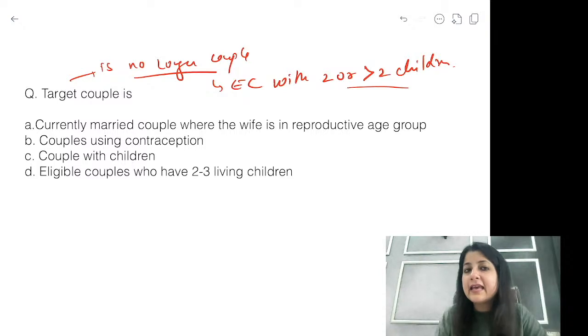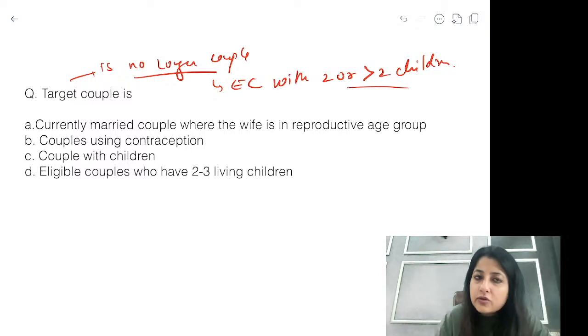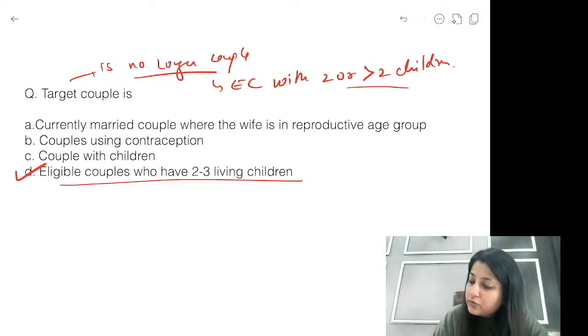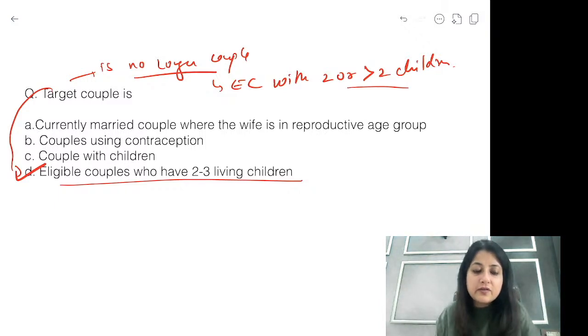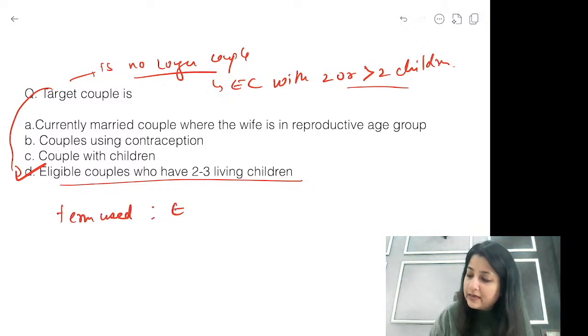But now we say that anybody who's newly married is also needing a family planning method. Eligible couples who have 2 to 3 children were target couples. Now the term used is eligible couple.